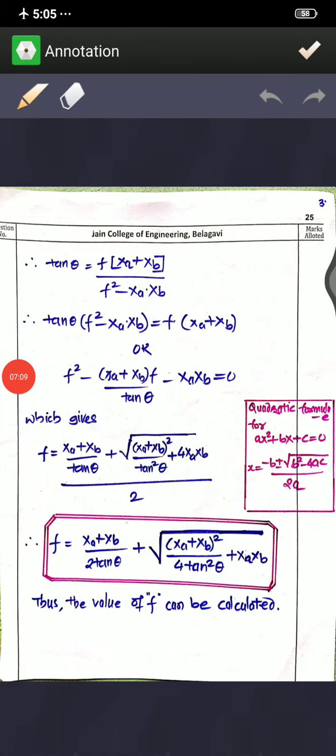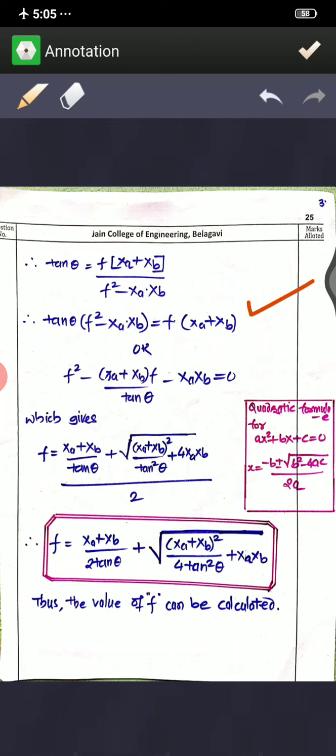Now from that last page, tan theta is equal to f into xa plus xb divided by f square minus xa into xb. Now I can take this term to this side, so tan theta into f square minus xa xb equals f into xa plus xb.